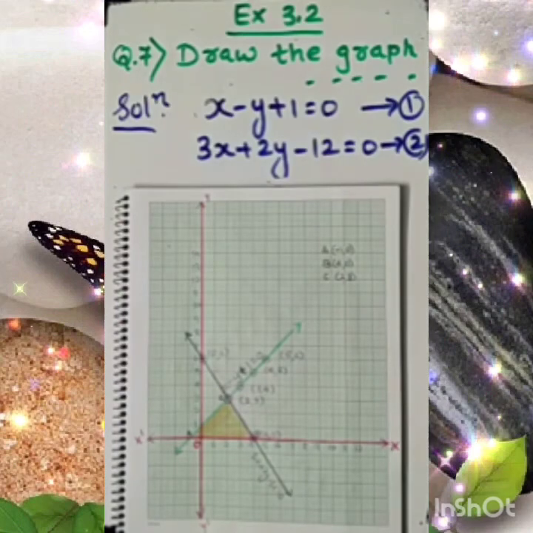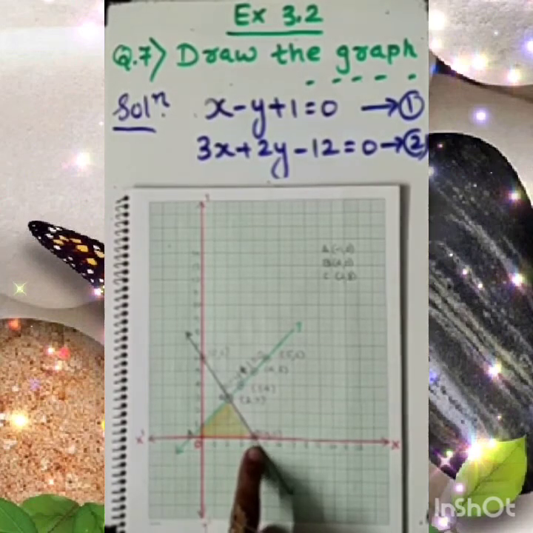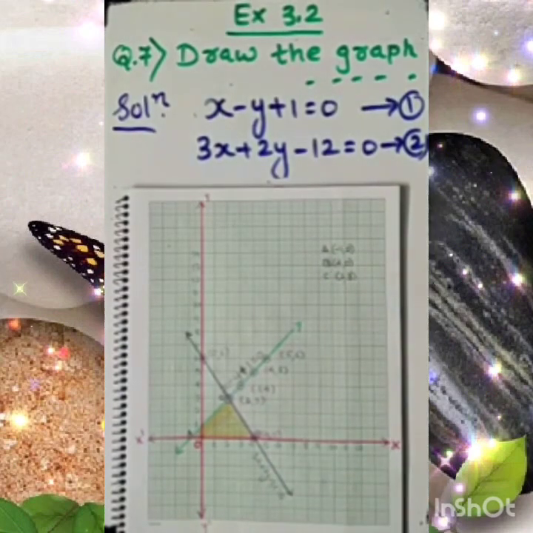So this is the required result. Further, you can mention it in a sentence form also. How to write here? As we are taking ABC as a triangular region, and the coordinates of A, B, and C are these. Fine. Just see how to do it.